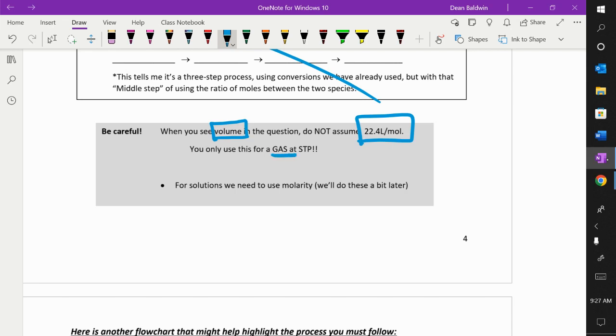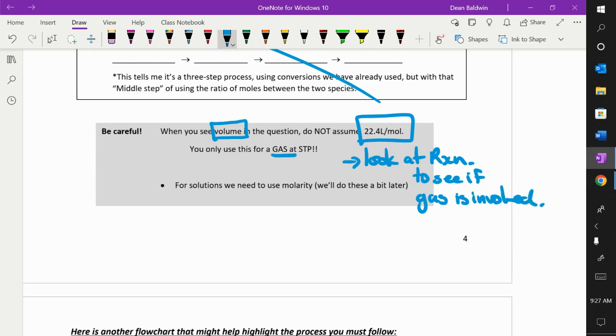So you have to look at, this is why the equation is important. Look at, or the reaction, I guess. I keep saying equation, it's a reaction. Look at the reaction to see if gas is involved. And if the gas is involved, then you use 22.4 liters. Okay? So just be careful about that.